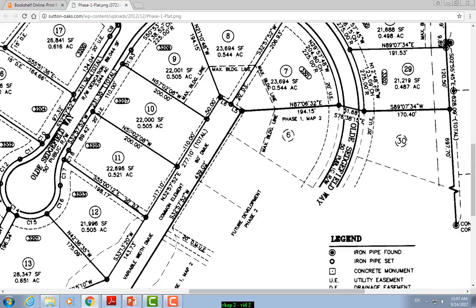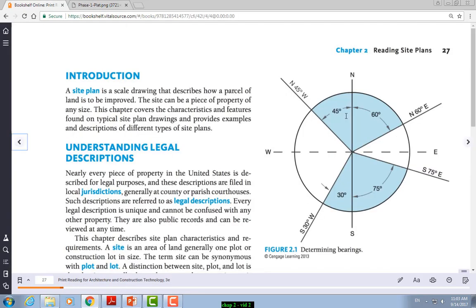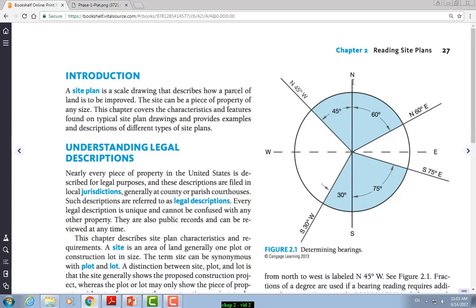This is the direction that it's going. You always start from south or north. So north 45 degrees west means that from north, you're going to go toward west 45 degrees. This one is north 60 east, so from north, you're going 60 degrees toward east.